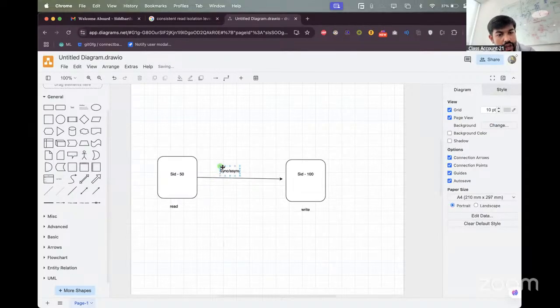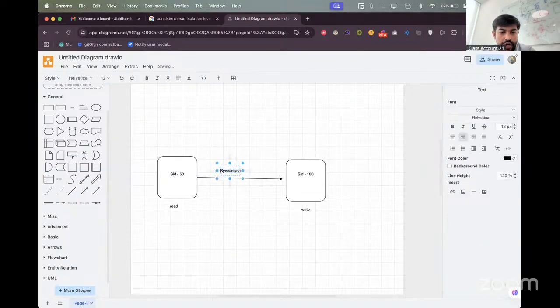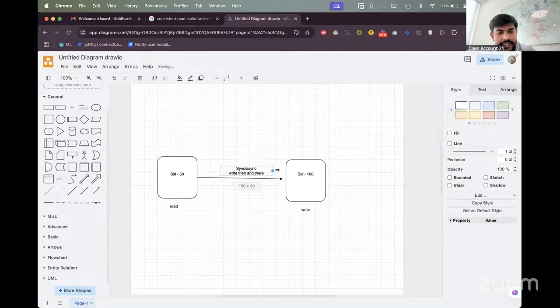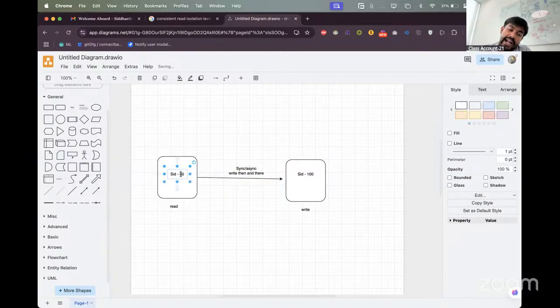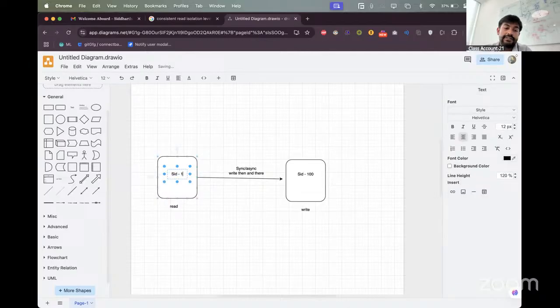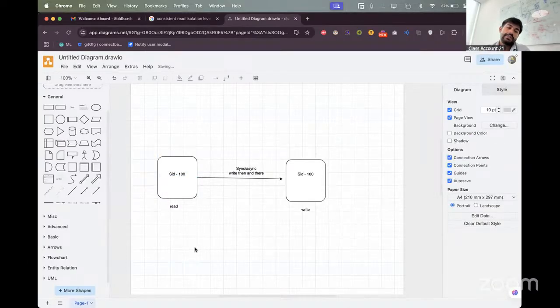If you talk about sync, it basically means write then and there. It simply means that whenever there is a write in Siddharth's balance, at that point only it would start reflecting in read also. This is sync.